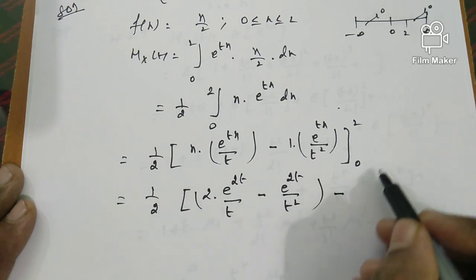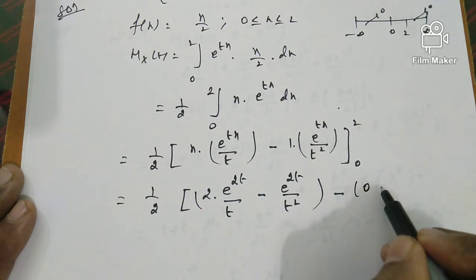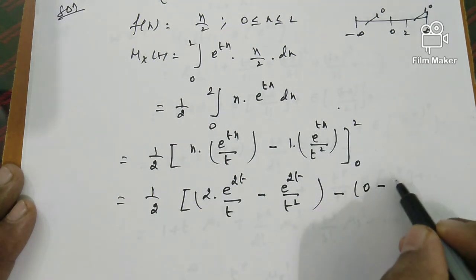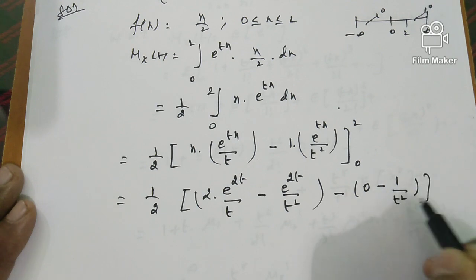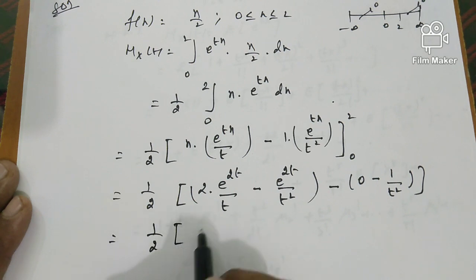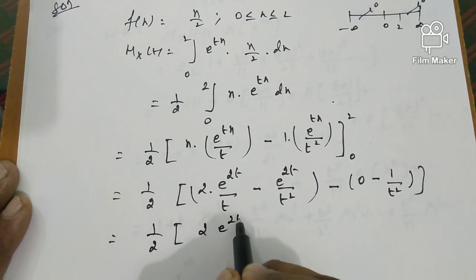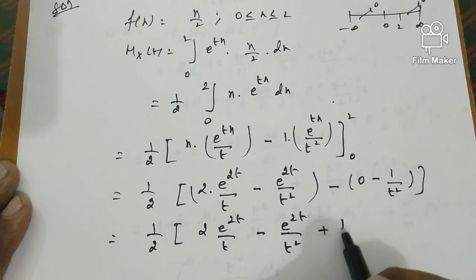Minus the lower limit: 0 into anything is 0, so the first term is 0, minus here e^0 value is 1, so 1/t^2, this is our lower limit. So this can be written as 1/2 into 2e^(2t)/t minus e^(2t)/t^2, minus into minus plus 1/t^2.